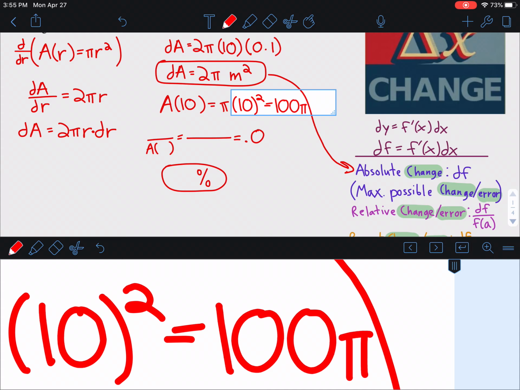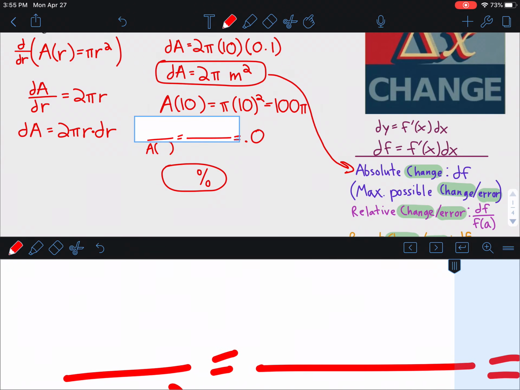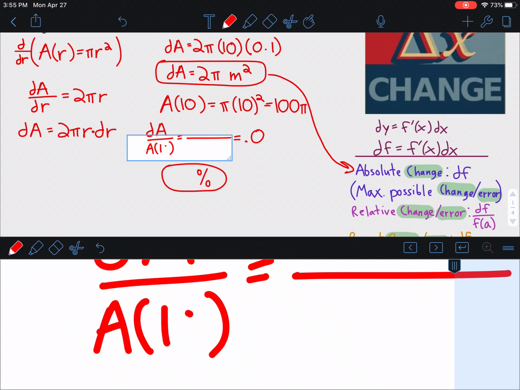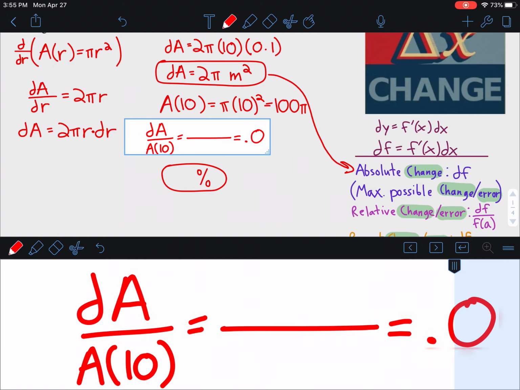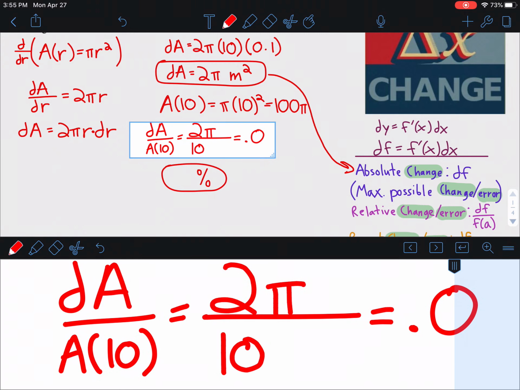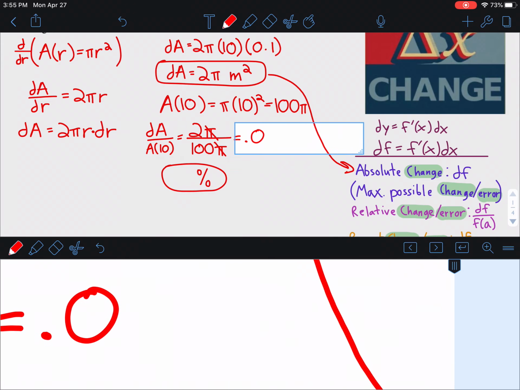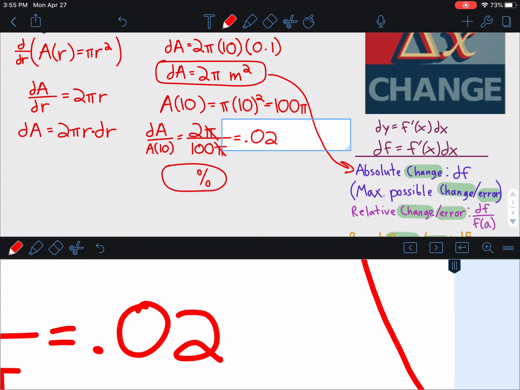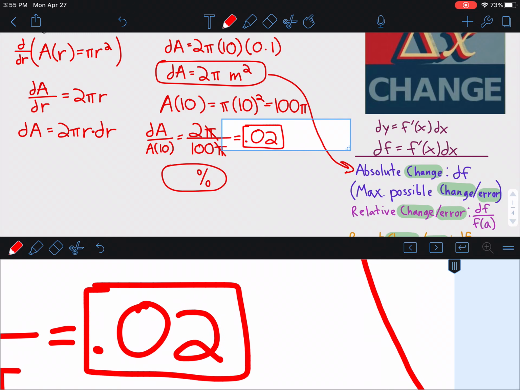And now I'm going to take the ratio of those two calculations, dA over the area when the radius was 10. So dA is 2 pi, and the area when the radius was 10 was 100 pi. The pi's cancel out, and 2 divided by 100 is 0.02. And so this decimal here represents the relative change.